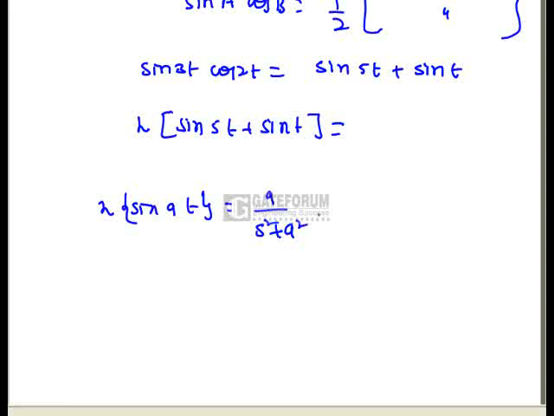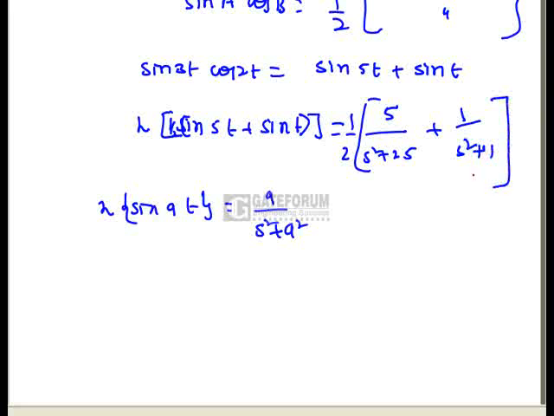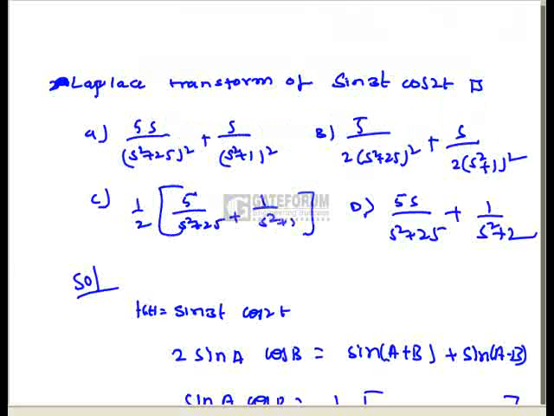With the help of this formula, the Laplace transform is 5 by s square plus 25, and since 1 by 2 is there, it is 1 by 2 times (5 by s square plus 25 plus the Laplace transform of sin t, which is 1 by s square plus 1). So if you go through the options, option C will be the correct answer for this problem.